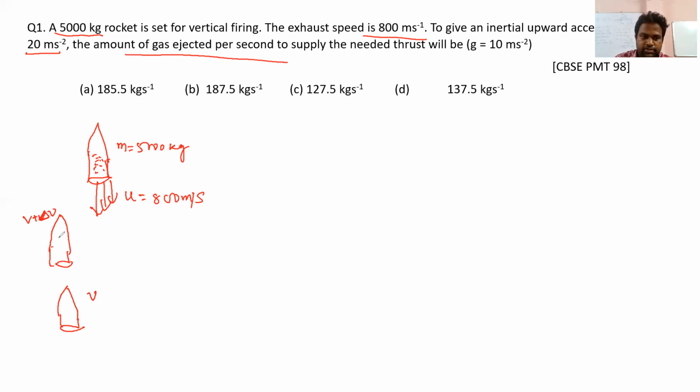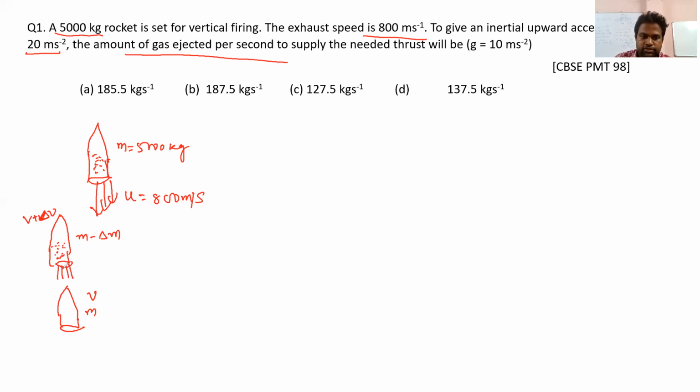But in this time, the liquid or the fuel which is inside the rocket will be decreased. So the mass of the rocket will decrease to m minus, let's say delta m.